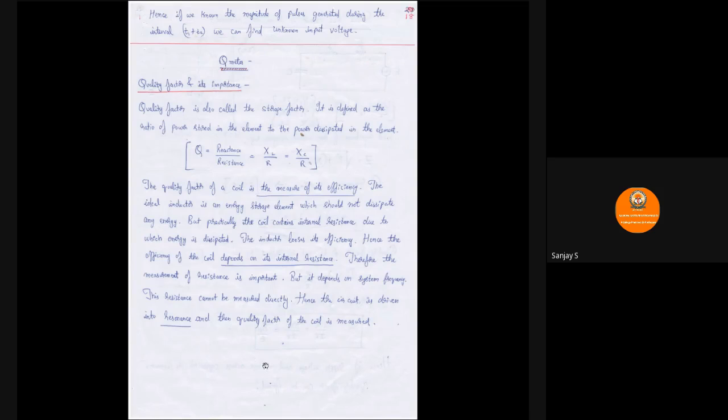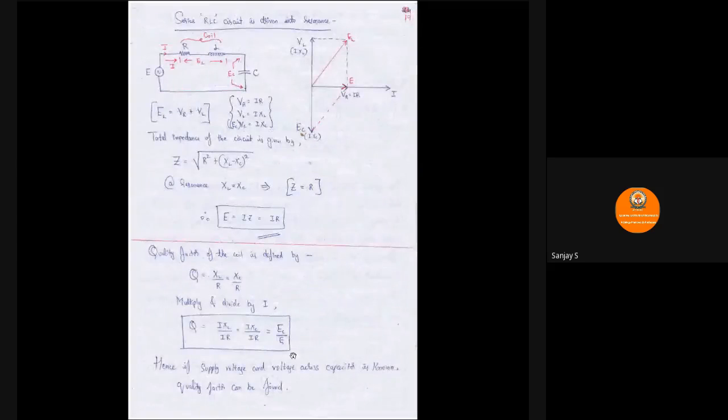Now we'll have to measure this quality factor of an unknown coil. That will be done by Q meter. Before that, let us go through a series RLC circuit which is driven into resonance state. Let us understand what basically happens at resonance condition. We have RLC connected in series with the source.